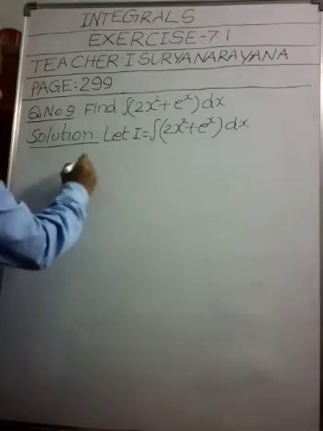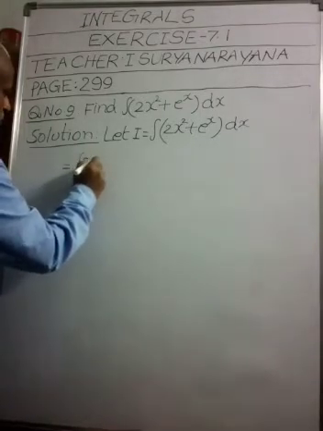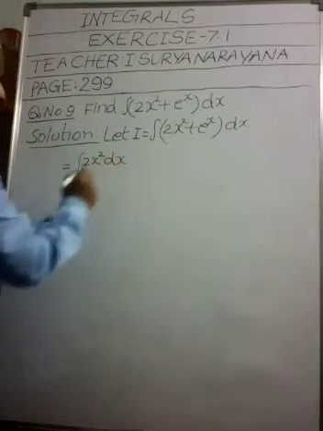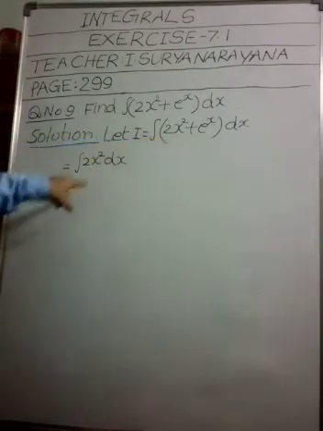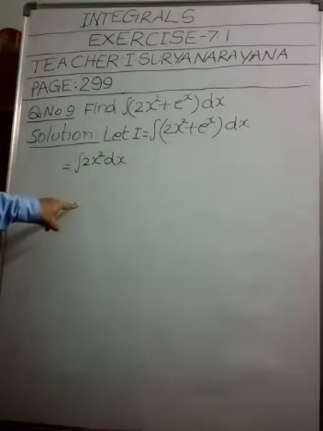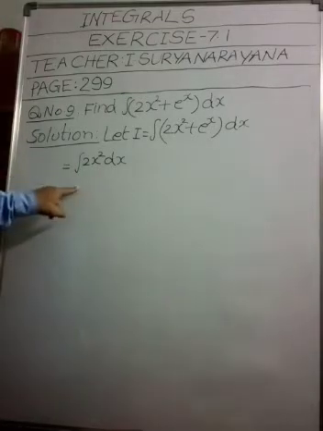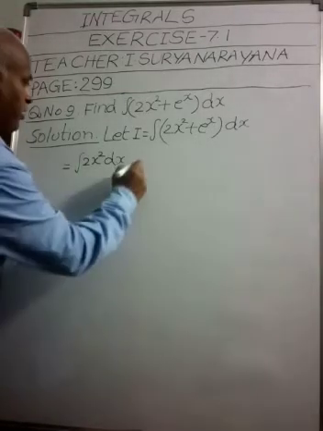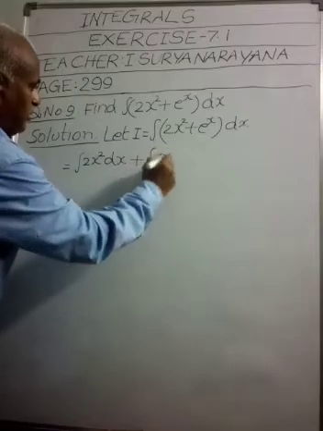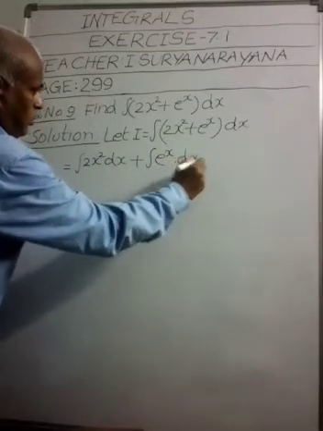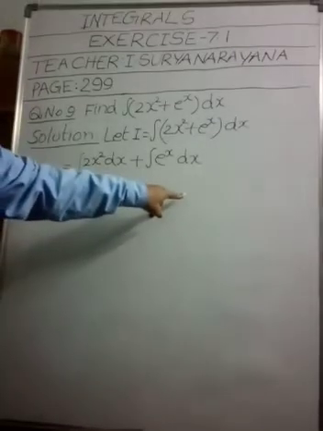So, integral 2x square dx. Understood this first term, my children? Plus integral e power x dx. We are writing the integral of the second term. Understood the second term, my children?